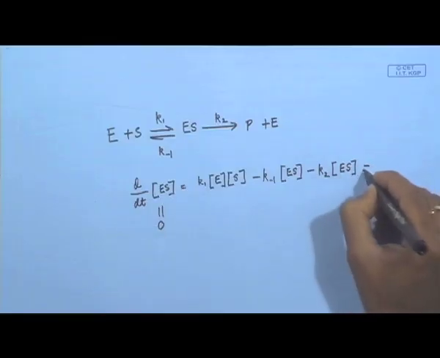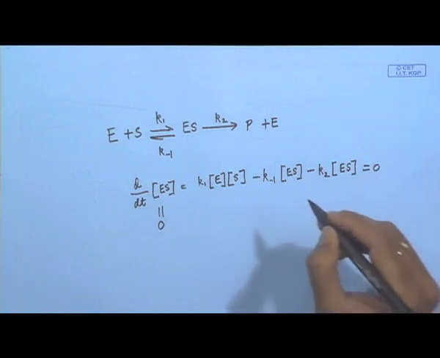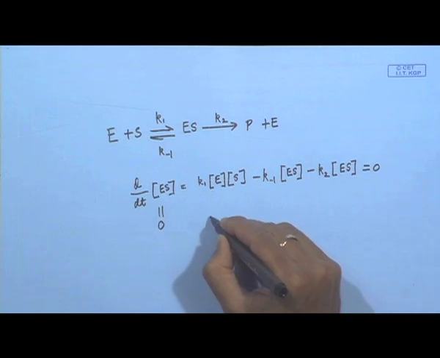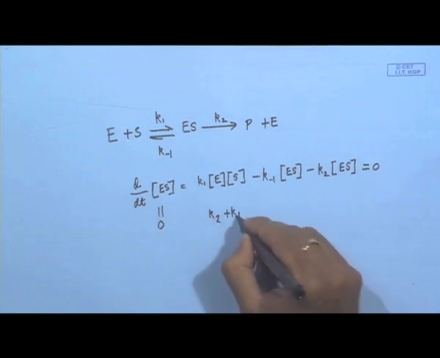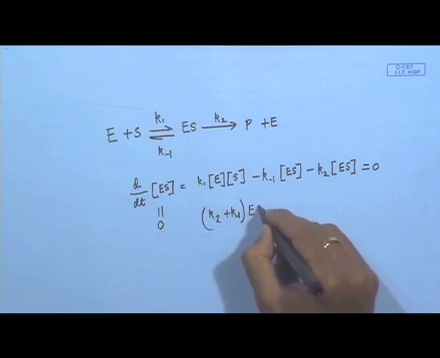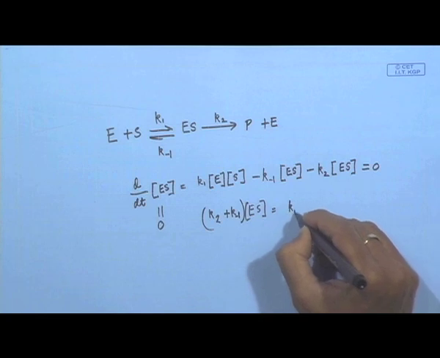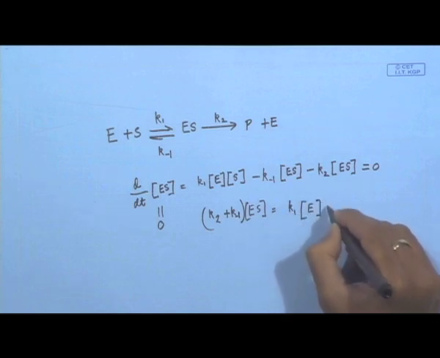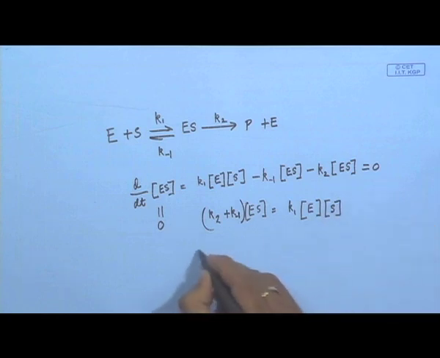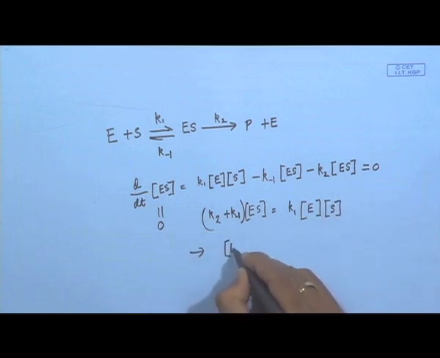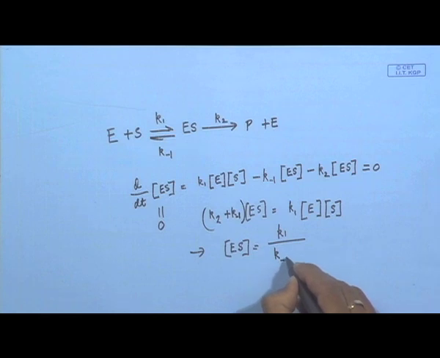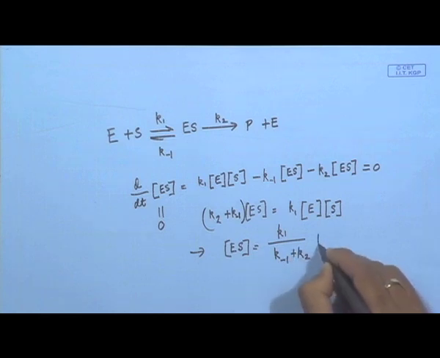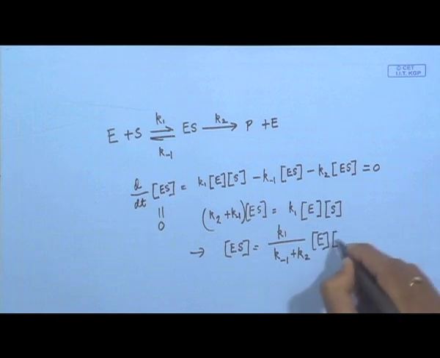That means K2 plus K minus 1, into ES, is equal to K1 E S. Or, the concentration of the ES intermediate is K1 by K minus 1 plus K2 times E S.